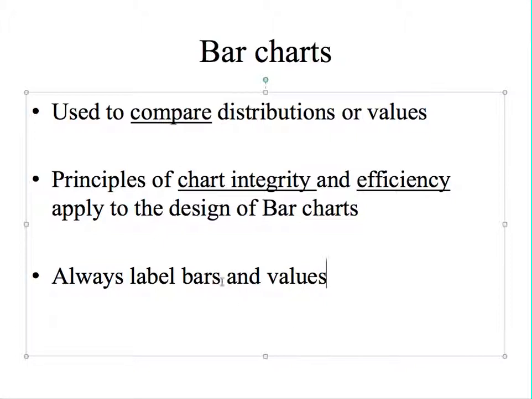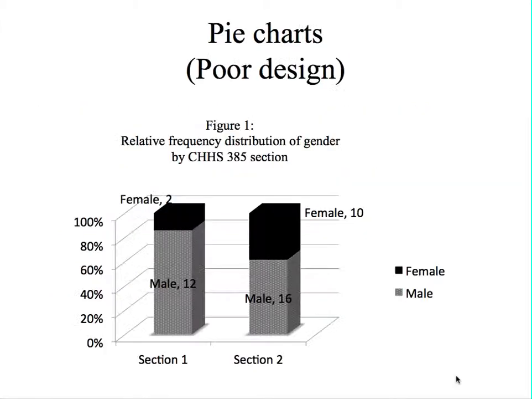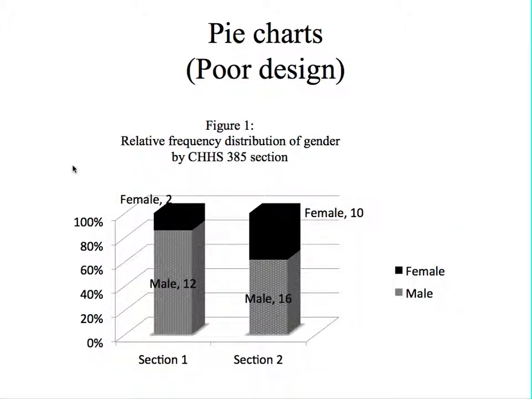We should know what each bar represents, and also the values associated with the bars. We see this in a lot of capstone papers or research methods papers. So let's see, figure 1. It's a relative frequency distribution of gender by section.